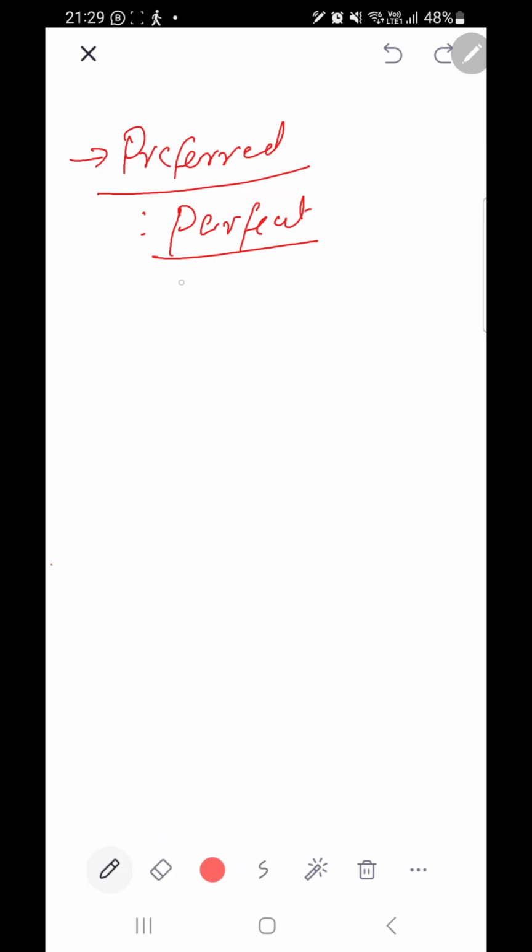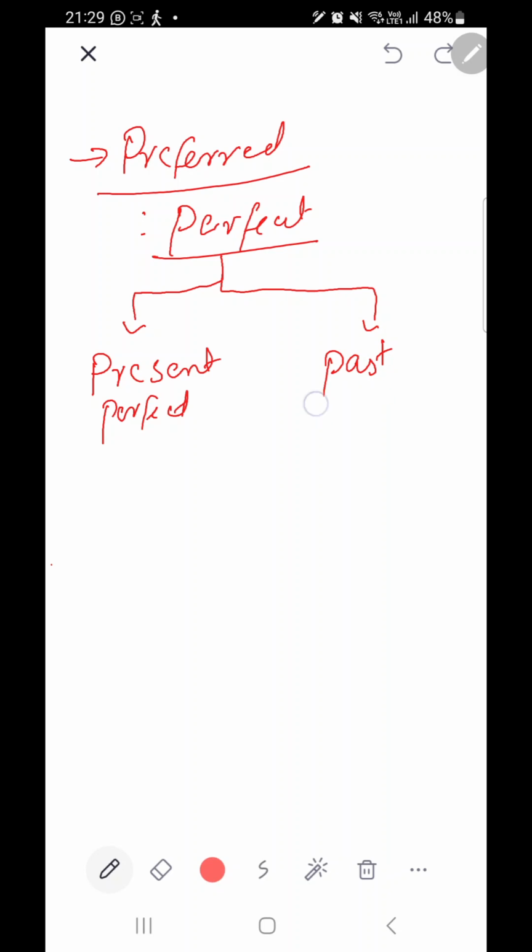Depending upon the event that you are summarizing, it could be present perfect continuous, or it could be past perfect or past perfect continuous.